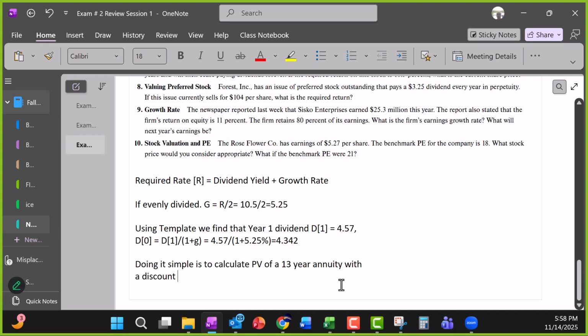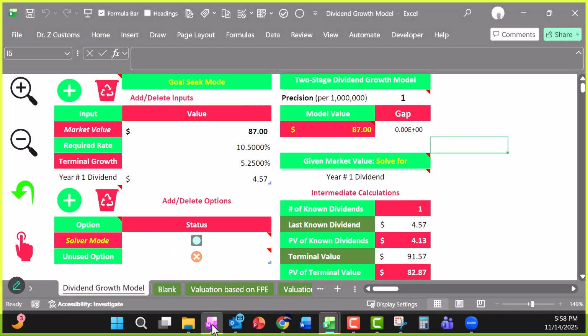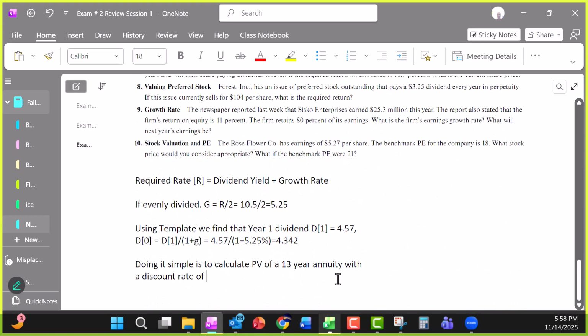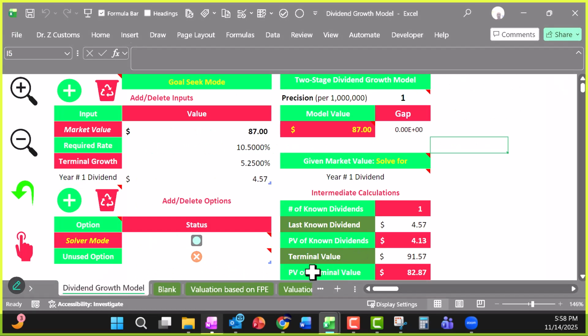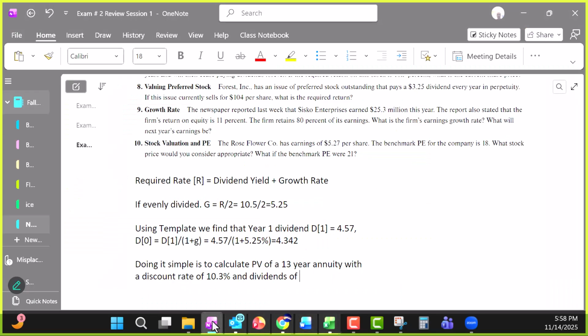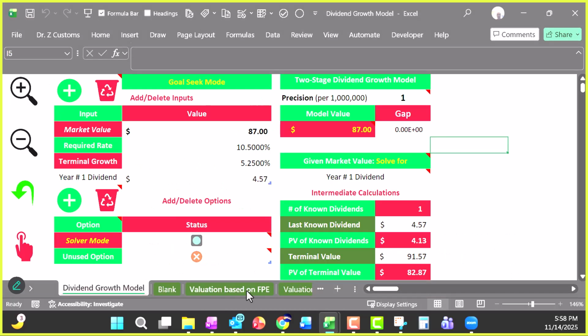with a discount rate of 10.3%, and dividends of, oh, the problem's right here, $8.50.